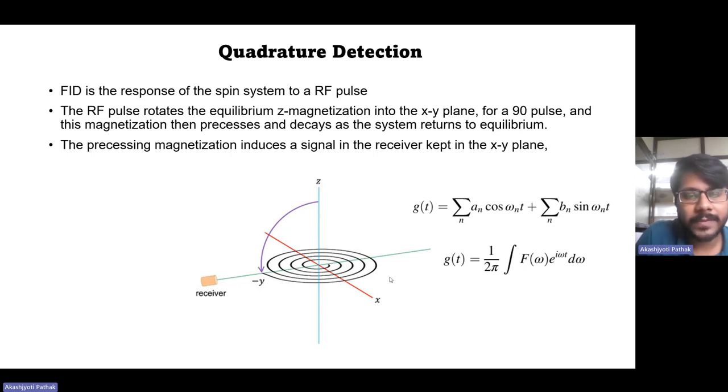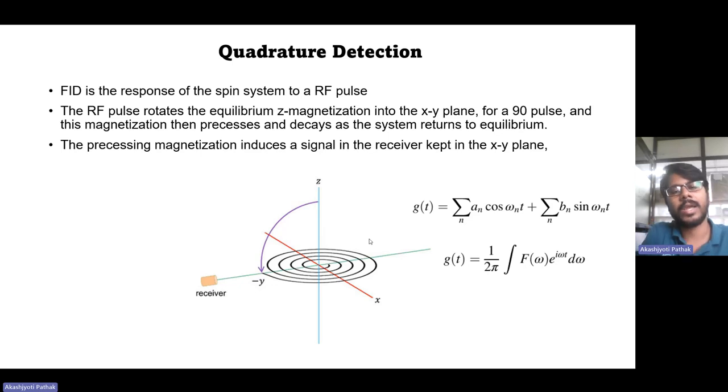Now, depending on the direction in which the RF pulse is applied, whether along the x-axis, the negative x-axis, the y-axis, or the negative y-axis, and also on what the pulse is, whether it is a 90-degree pulse or a 180-degree pulse. A 90-degree pulse applied along the x-axis will cause the magnetization to shift from the z-axis to the negative y-axis, right?